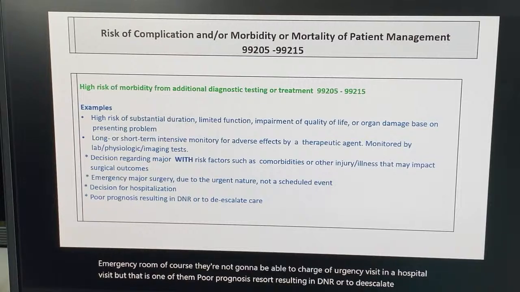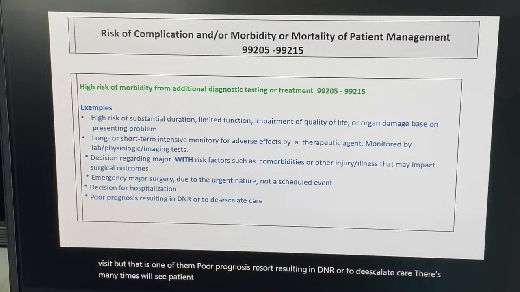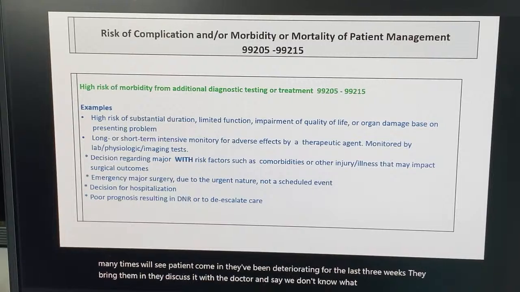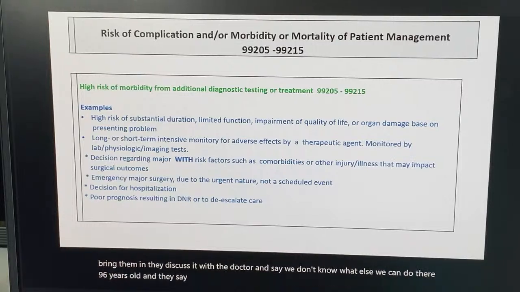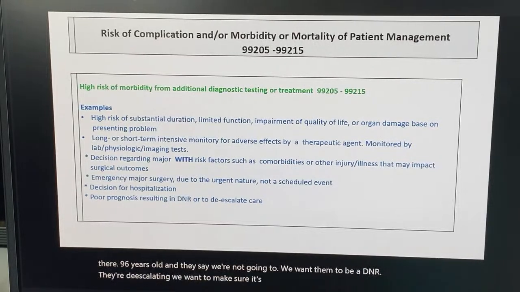There's many times you see a patient come in, they've been deteriorating for the last 3 weeks, they bring them in, they discuss it with the doctor and say, we don't know what else we can do. They're 96 years old and they say, we want them to be a DNR. They're de-escalating, we want to make sure it's a DNR.